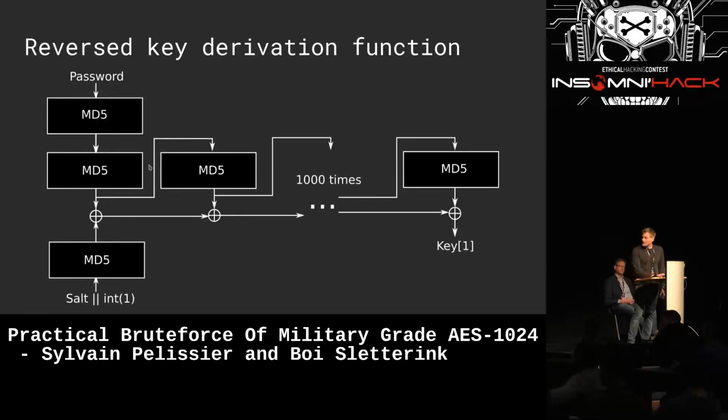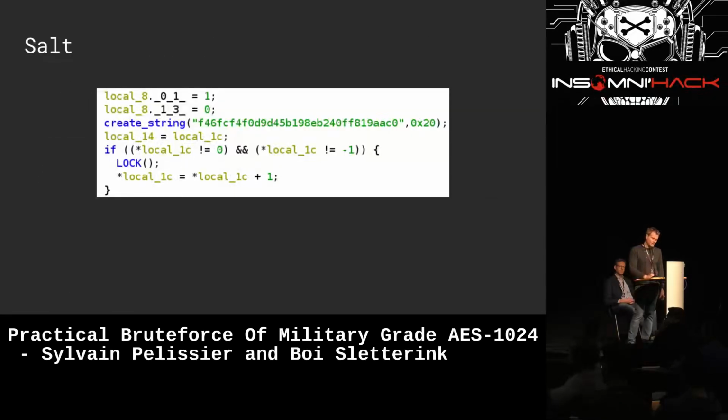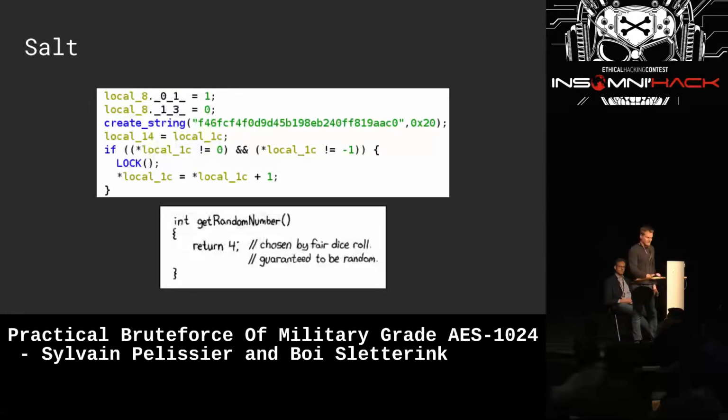But one thing I struggled with in the reverse was how the salt was generated. I reversed the code, and I found a string which looks random, but since it's in the code, obviously it's not unique. In fact, it was the salt in the code.